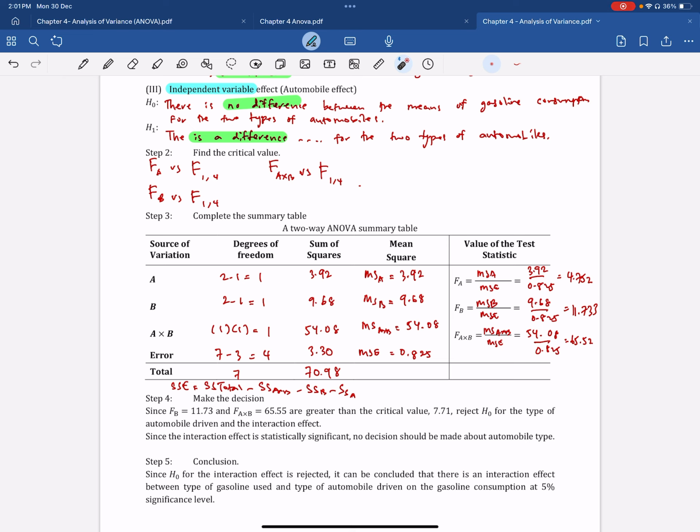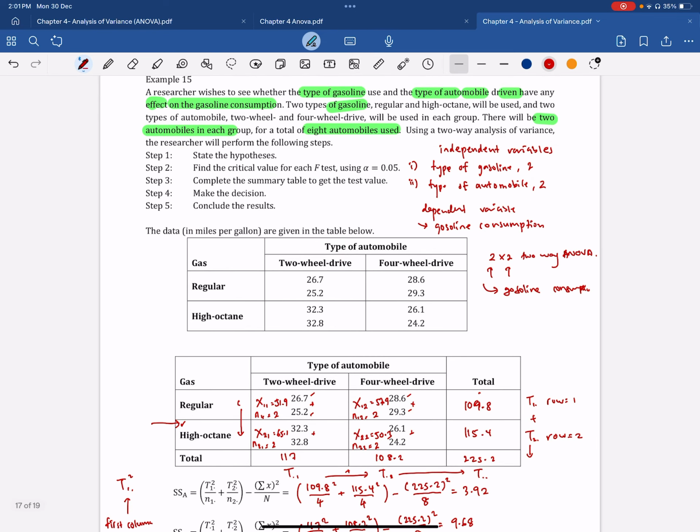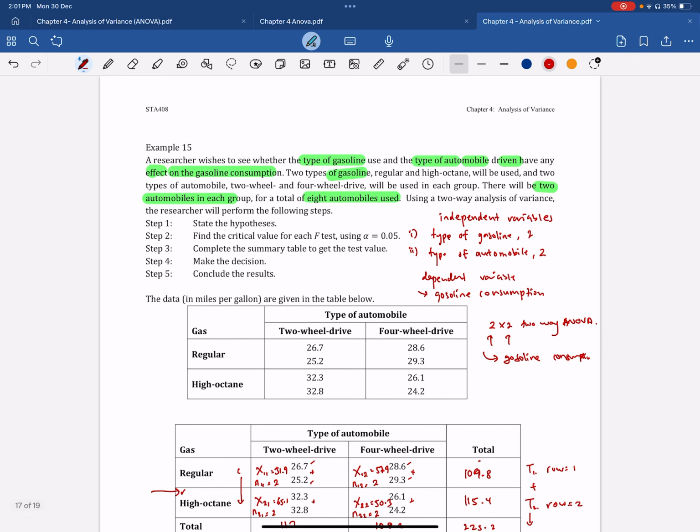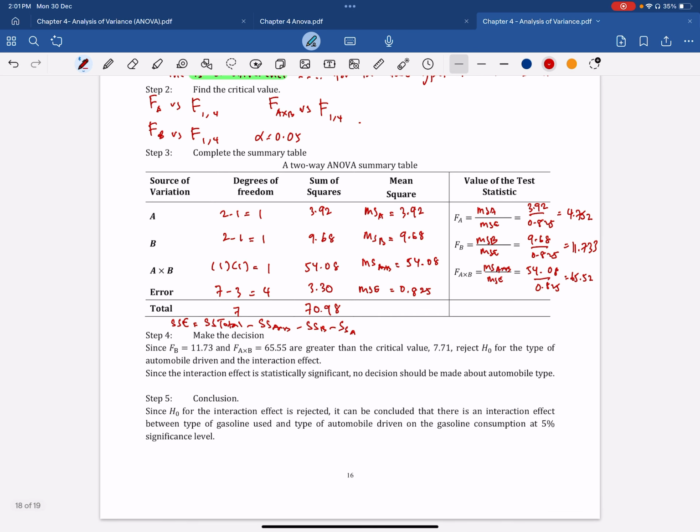Okay, we need the alpha value. So test using alpha equals 0.05. Means that for each of these critical values, you will use alpha equals 0.05.